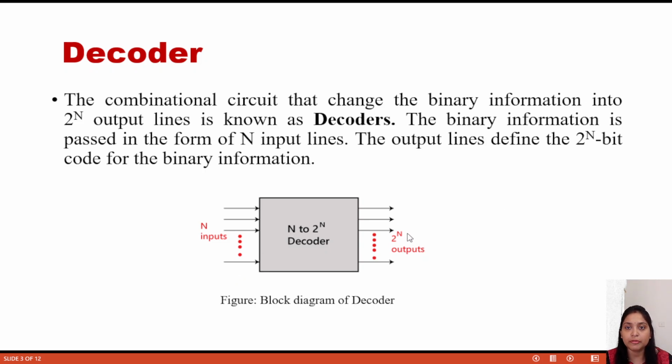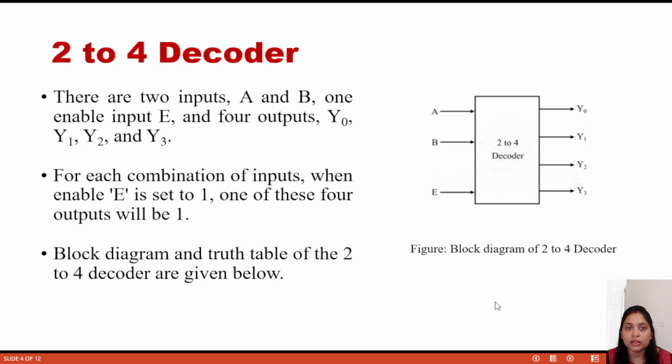In this way, the number of inputs is less but the number of outputs is high. Binary information is passed in the form of n input lines, and the output lines define the 2 to the power n bit code for the binary information. Now starting with the 2 to 4 decoder, this is its block diagram.